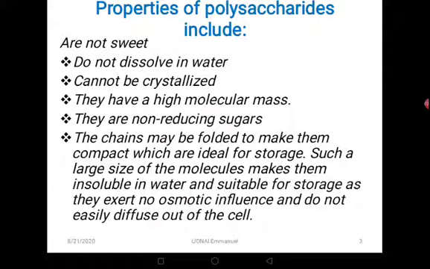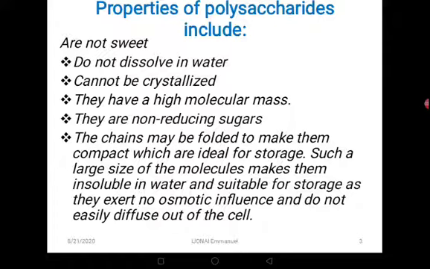And then they also do not dissolve in water, so they are insoluble in water. They cannot be crystallized. So if you grind them, if you pound them, you realize that they form powdery substances. They don't form crystals. And then they have, of course, a very high molecular mass. Being a polysaccharide, it means it has very many monosaccharides.